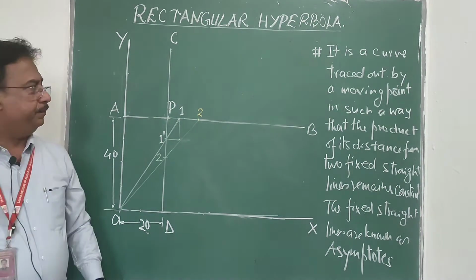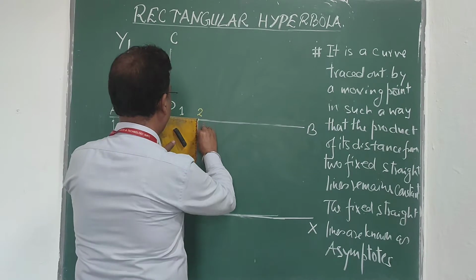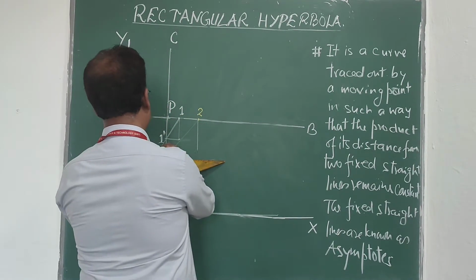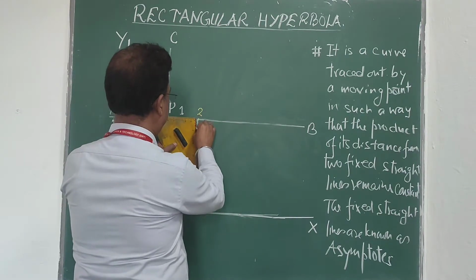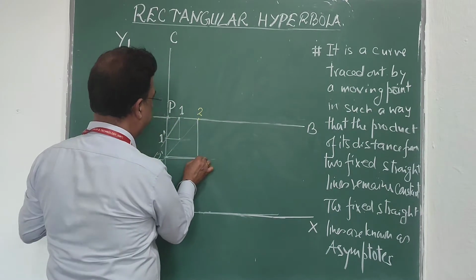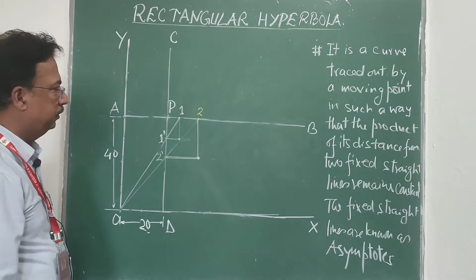Now from this 2, draw a line parallel to OY, and from this 2 dash draw a line parallel to OX. Again, the intersection of these two lines will be the point of the curve, that is our rectangular hyperbola.